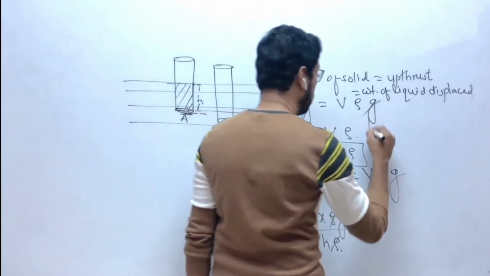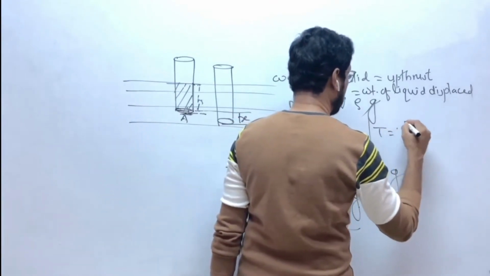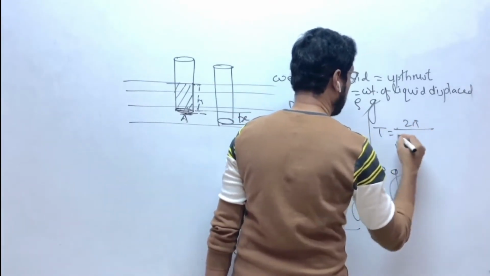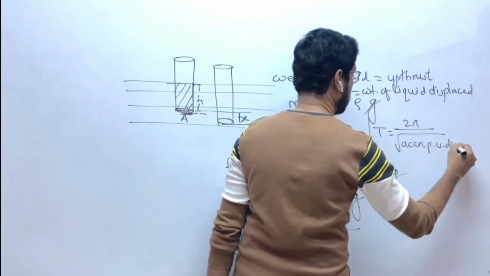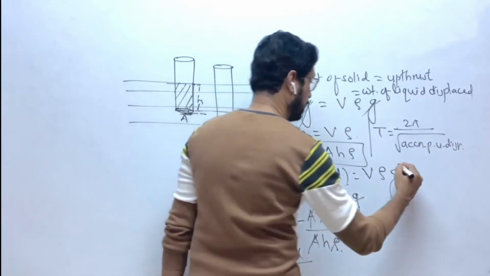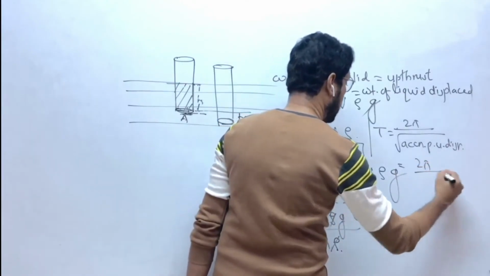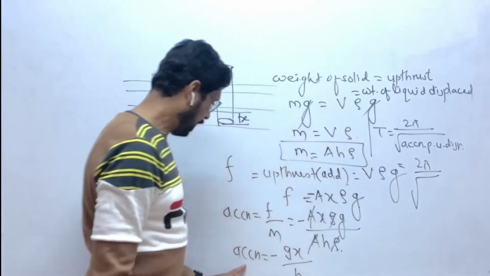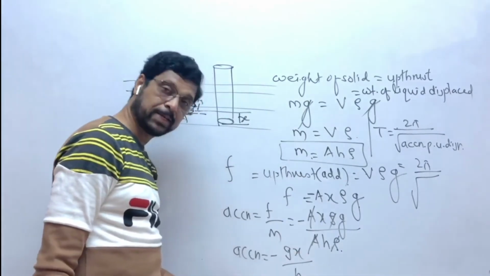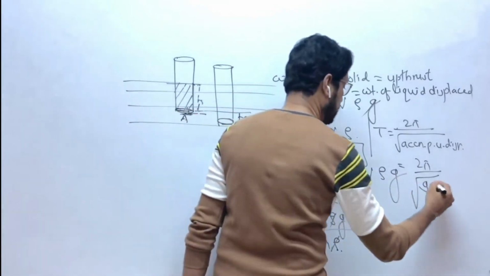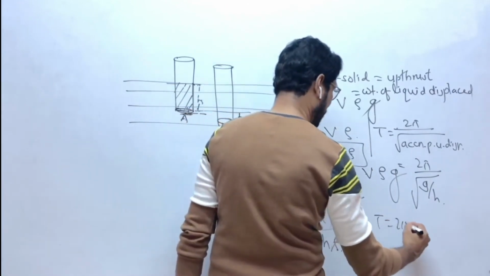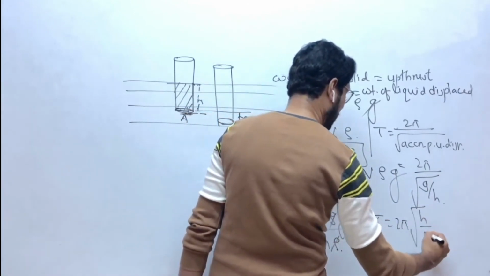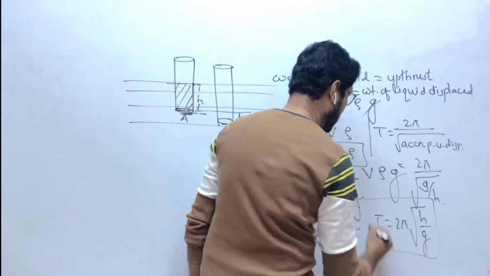So now the periodic time will be 2 pi upon the square root of acceleration per unit displacement, which is g by h. So T is equal to 2 pi under root h by g.